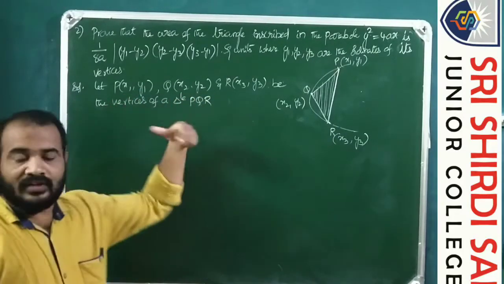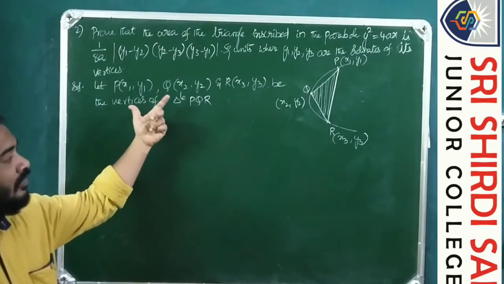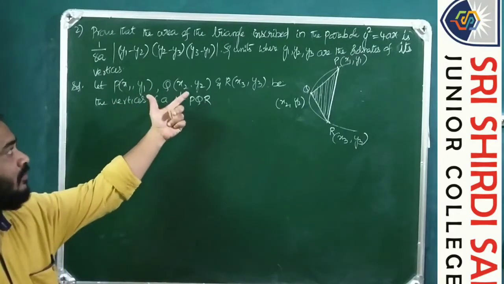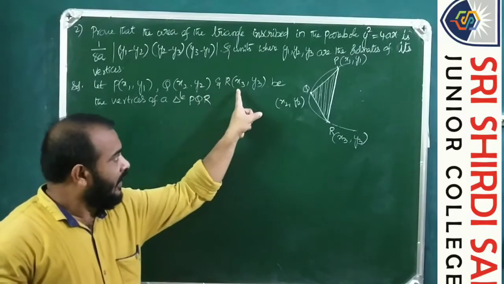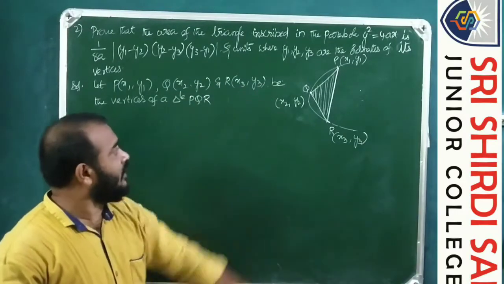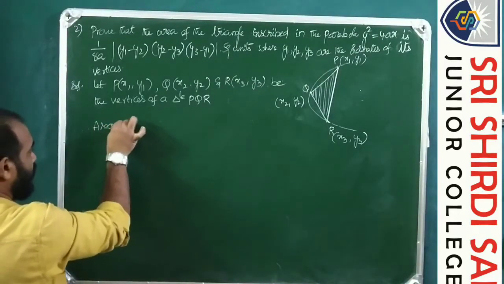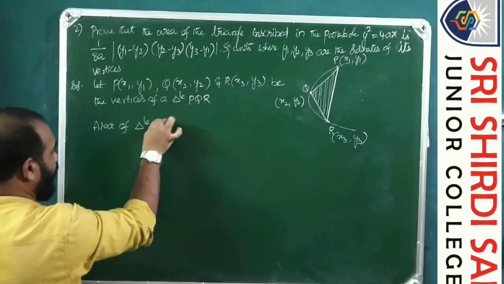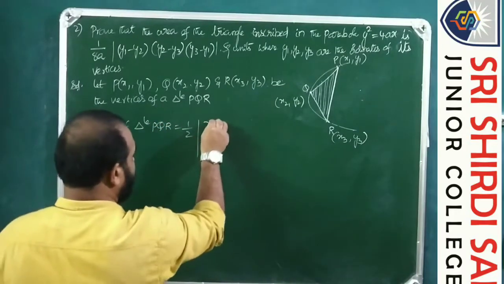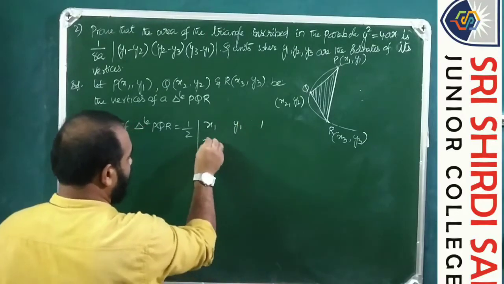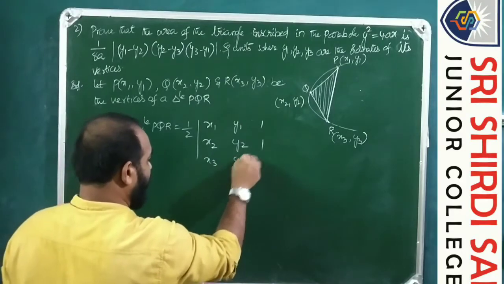So x1, y1 is the Cartesian point, whereas the parametric point of them is at1 square, 2at1, at2 square, 2at2, at3 square comma 2at3. So therefore the area of triangle PQR is equal to half into the determinant x1 y1 1, x2 y2 1, x3 y3 1.